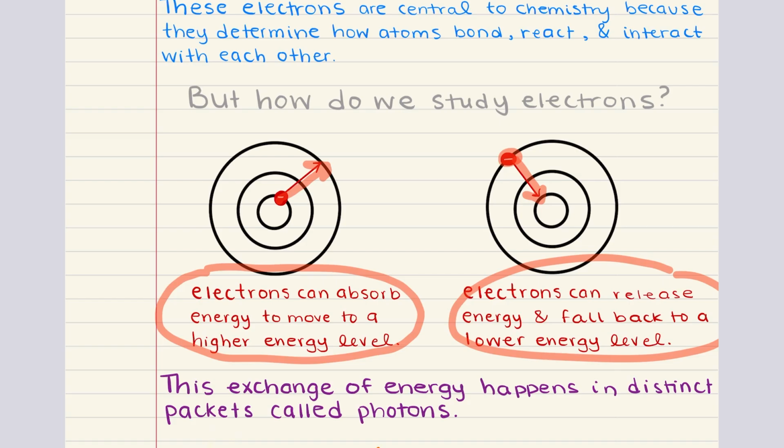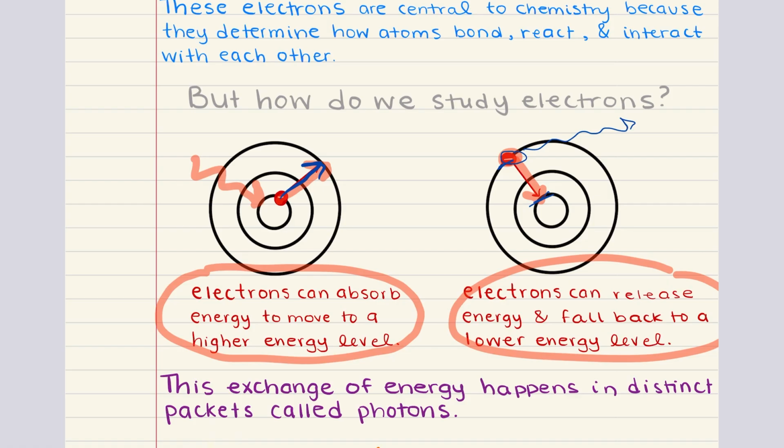So if an electron absorbs a photon, it gains exactly the right amount of energy needed to move to a higher energy level. On the other hand, when an electron releases energy, it emits a photon.